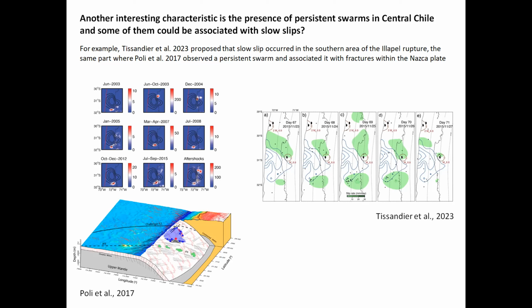Maybe we can associate it with the slow slip. At the moment, we don't have well-established associations, with the exception of this proposition, because the magnitudes are very small and we don't have good instrumentation to test this hypothesis.